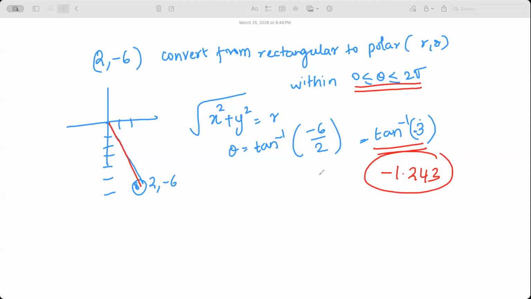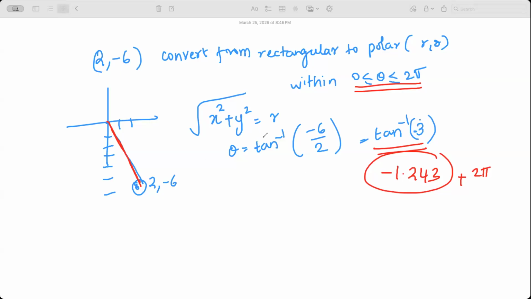It can't be negative, so I'll have to keep adding 2 pi in such a way that it comes to the fourth quadrant. So you will end up adding 2 pi. Makes sense? Yeah. I got something around 6.32.